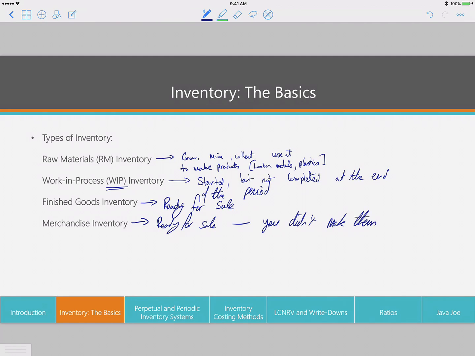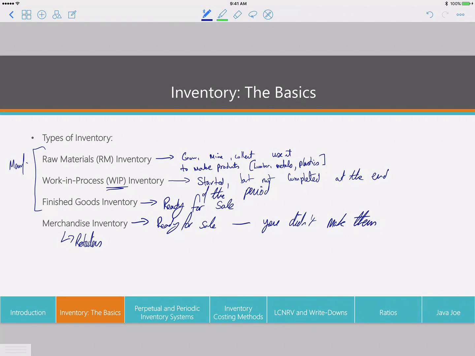You purchased it to resell. So if you own a store and you buy goods from a manufacturer and then resell them, this is for retailers. Finished goods is for companies that manufacture.